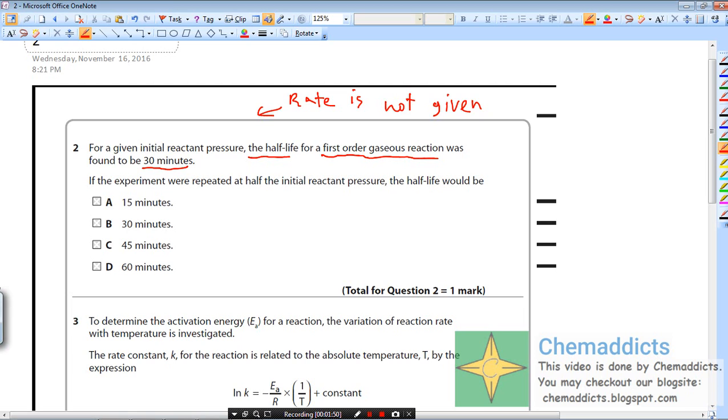Since the rate is not given here, we can find the half-life another way using an equation.